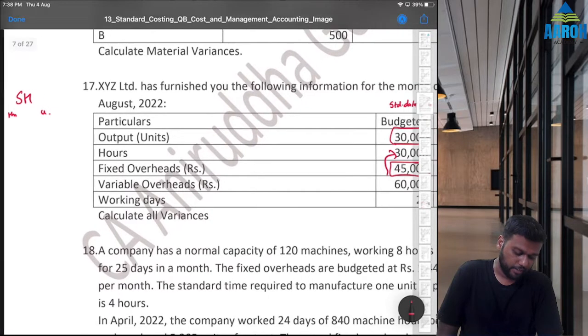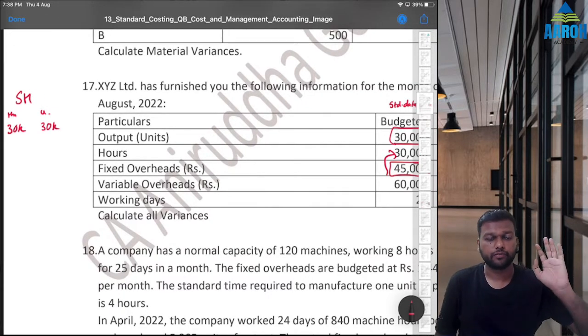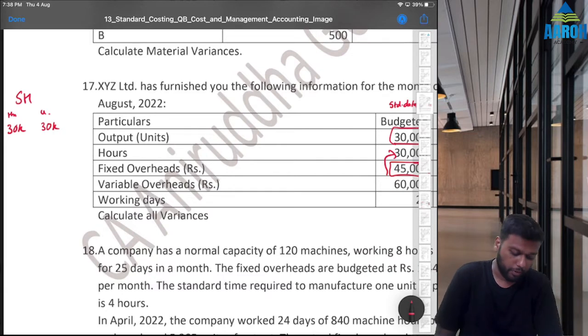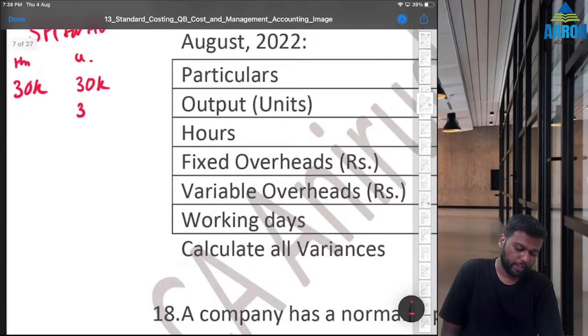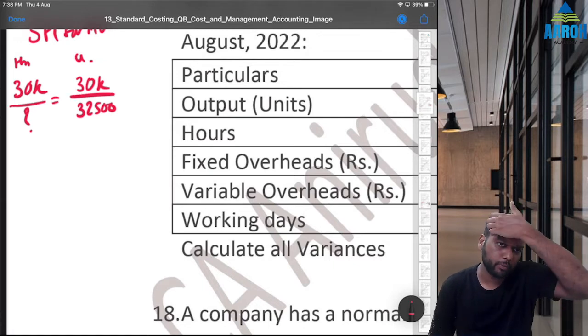Now, as per budget, what is the hours and units ratio? Budget is saying that 30,000 units and 30,000 hours is the ratio. So now we want standard hours for actual output. What is our actual output? 32,500. So can you tell me for 32,500 how much should be the standard hours? Right? This is a simple ratio. This upon this is equal to this upon this.